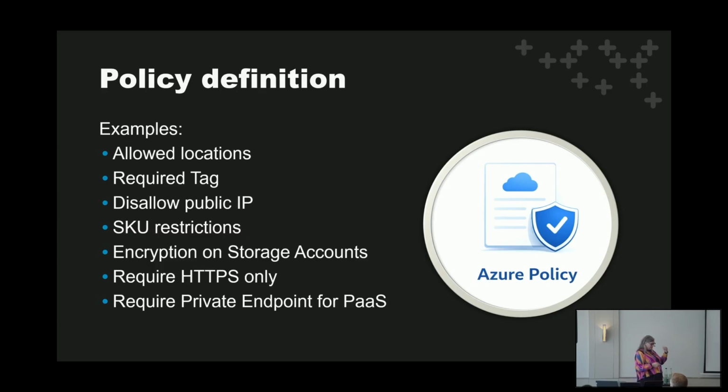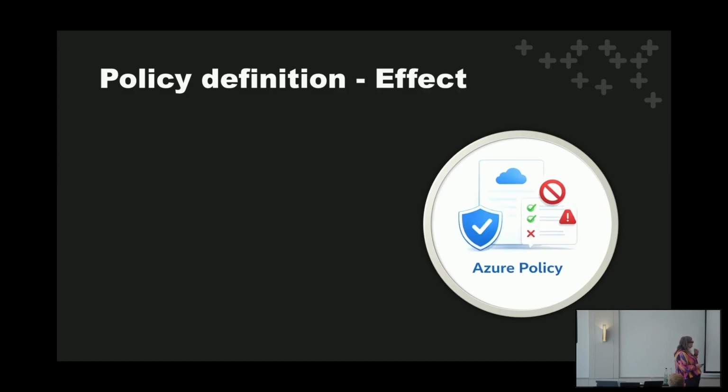So the policy is kind of one property that is allowed to be set to one value. You can group several together, but more or less it's one property. We also add an effect. The highest effect is deny. Deny on a policy rule says that you are not allowed to create a resource unless you obey the rule.